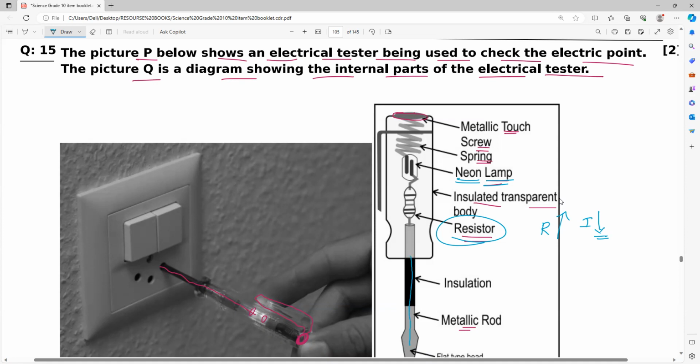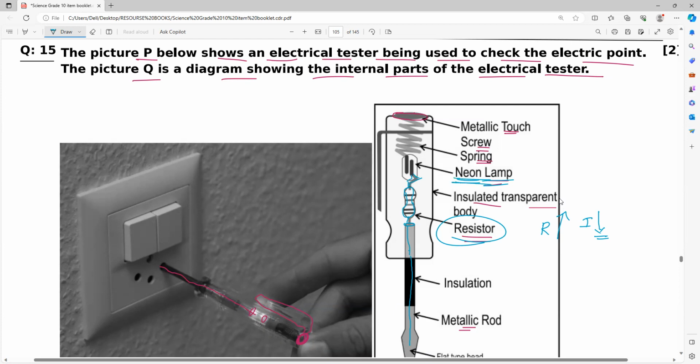So remember, the current coming through this screwdriver is the same, whatever is there in the socket will be passed. But as soon as it enters into the screwdriver, before the neon lamp there is a resistor having extremely high resistance, so that it will allow only the less or required current to glow the neon lamp.